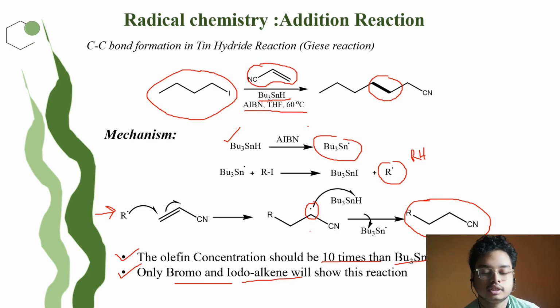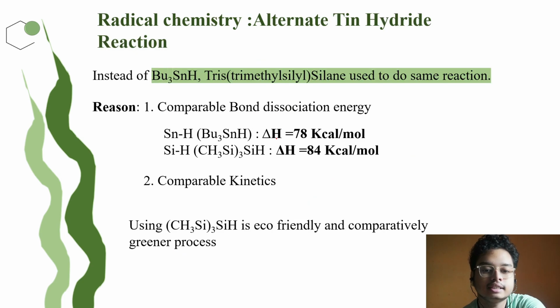So there should be an alternative to do this type of reaction without using the tin hydride pathway. Scientists have discovered an alternate reaction: instead of tributyl tin hydride, tris(trimethylsilyl)silane was used to do the same reaction. To justify this reaction, the scientists gave two different arguments.